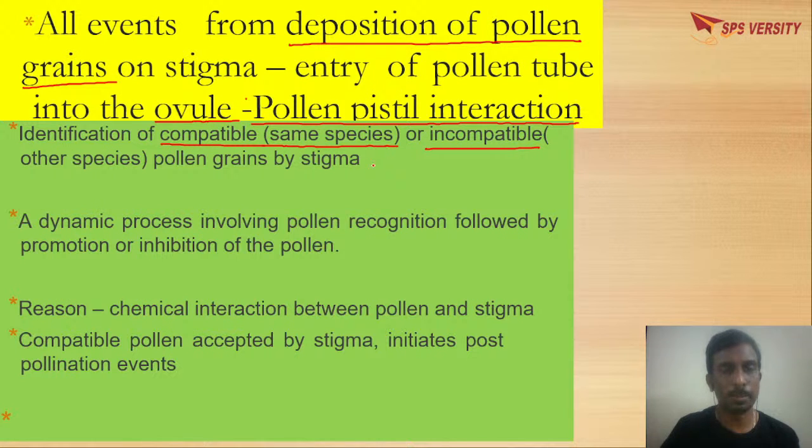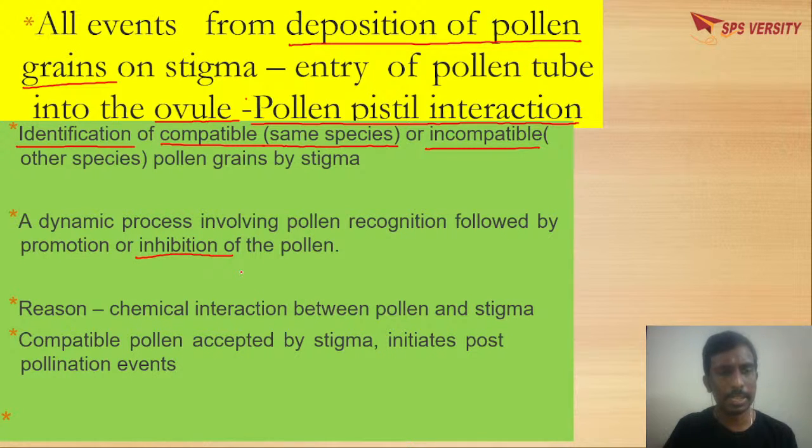Suppose a hibiscus pollen grain falls on a Lycopersicum tomato stigma, then it is another species. So the first step is identification of compatible species, whether same species or different. If it is the same species, it will promote. Otherwise, if it is different, the pollen tube growth will be inhibited.